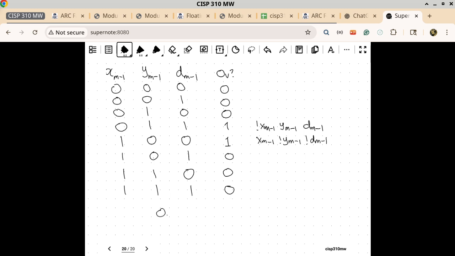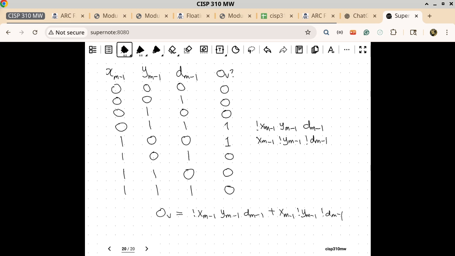So that means now we can conclude that overflow can be expressed as the negation of x subscript m minus 1 and y subscript m minus 1 and d subscript m minus 1, or the other one, which is x subscript m minus 1 and not y subscript m minus 1 and not d subscript m minus 1.